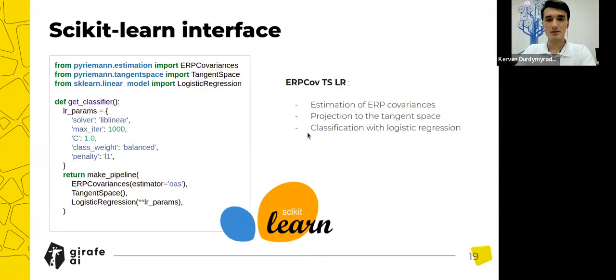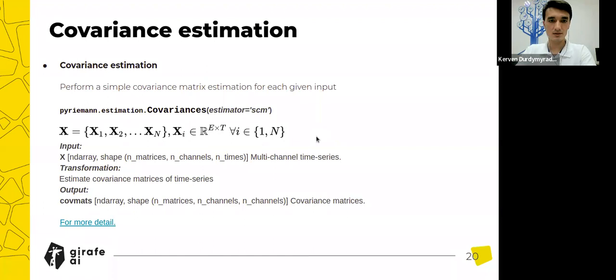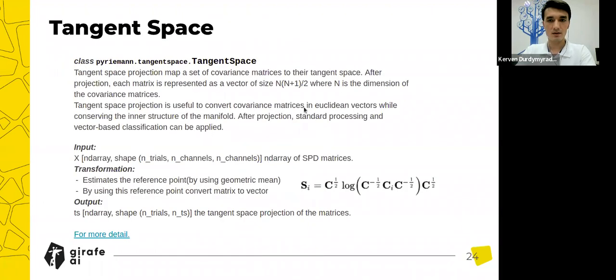As I mentioned here, after we project to the tangent space, the dimension of the vector will be n times n plus 1 by 2, the dimension of the vector representation of our covariance matrix.